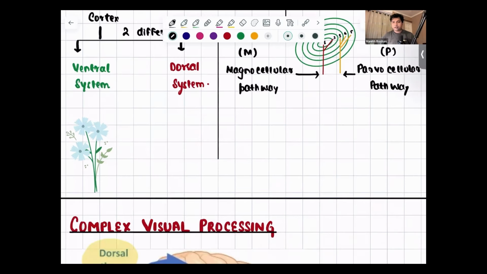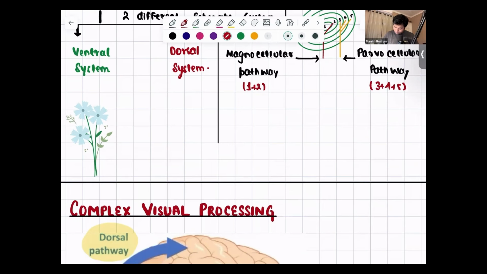Now, let's look at what the ultimate destination of these pathways is. Magnocellular is layers 1 plus 2, and I'll write it with the red ink. This is 3 plus 4 plus 5. Now, the input to the magnocellular pathway is from the magnocellular ganglion cells in the retina.